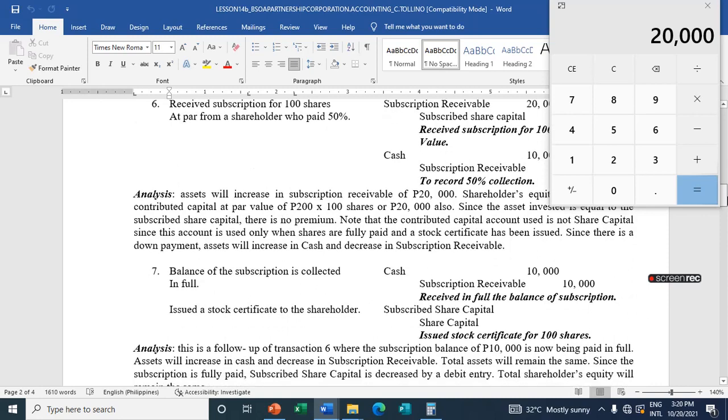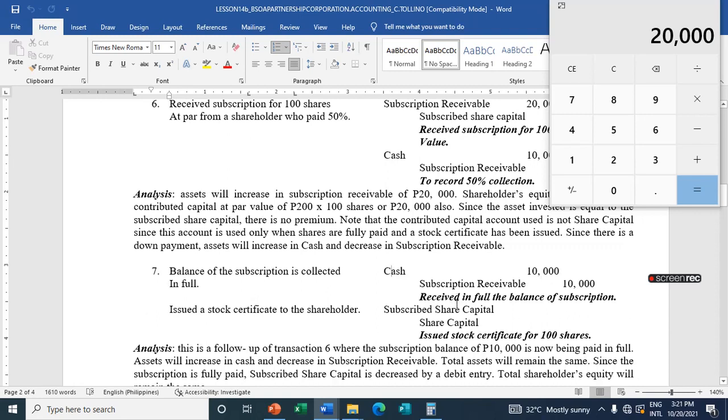And sa transaction 7, balance of the subscription is collected in full. So nagbayad na si shareholders ng another 50%. That is why fully paid na siya. So ang entry mo dyan is makakatanggap ka na ng cash na 10,000 and subscription receivable. I-credit mo na yun sa subscription receivable mo na 10,000.